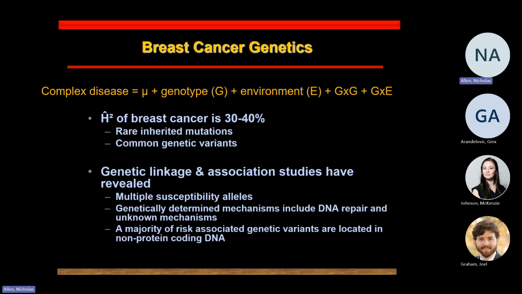We're starting to be able to identify it, but once we get to the point of identification, the mechanisms tend to be unknown. So the gap in knowledge here is what are the genes that are being controlled by this genetic variation, and what are the mechanisms that contribute to breast cancer susceptibility.